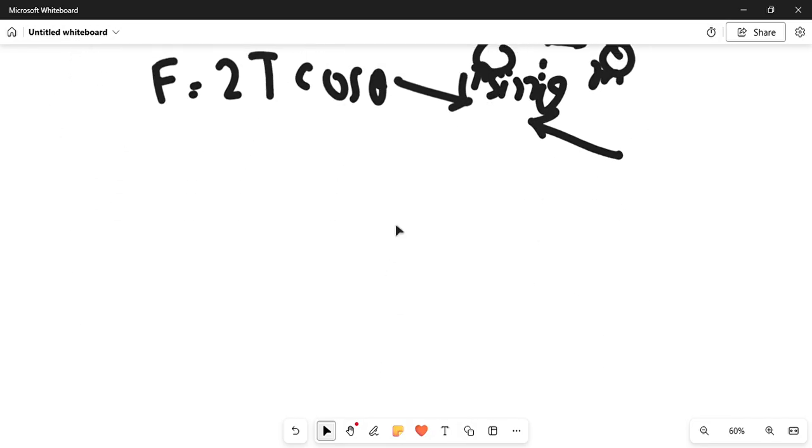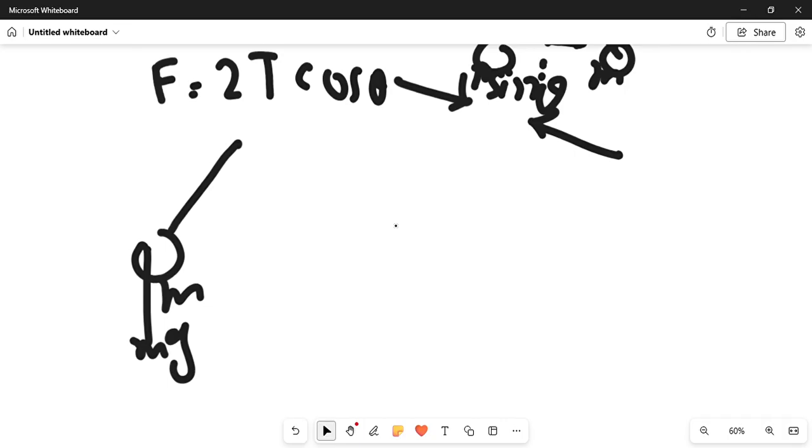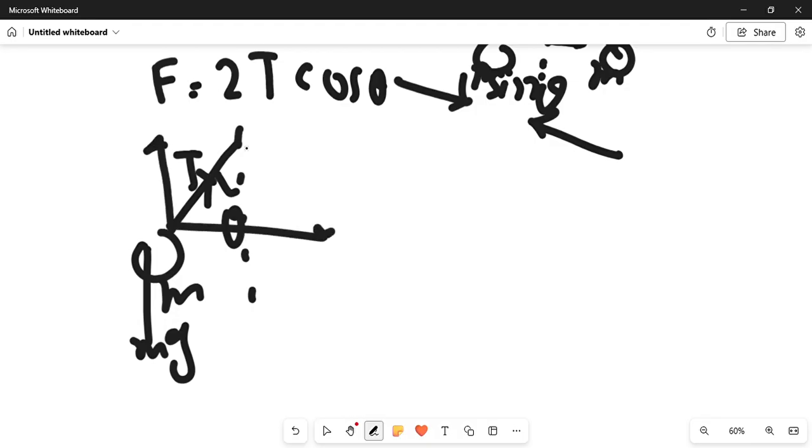Now for a particular mass m, there is the gravitational force mg, and the tension T at angle theta.